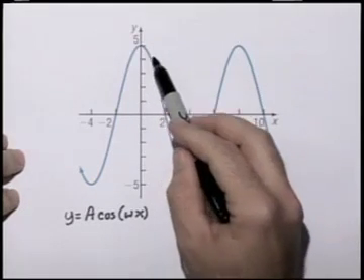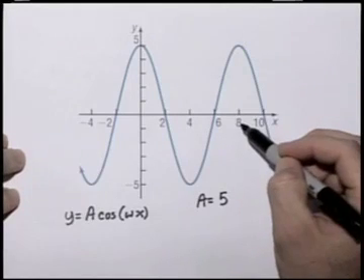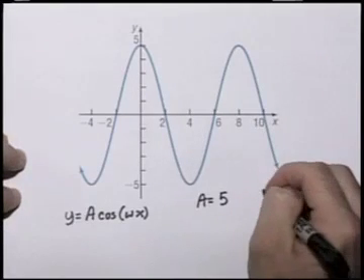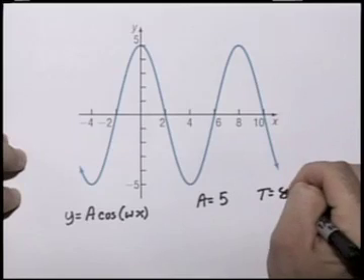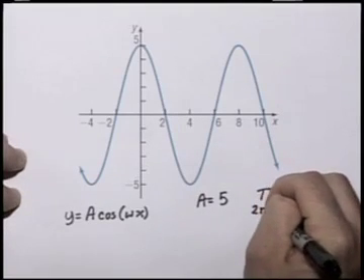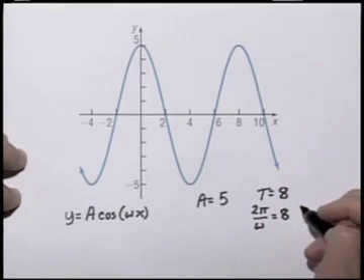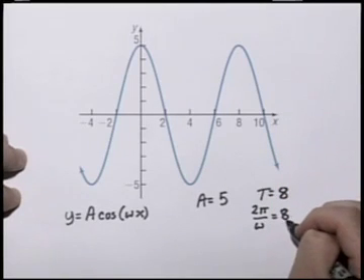Next, we notice that to complete one cycle of the graph requires 8 radians, and therefore the period of the function is 8. Knowing that the period by definition is 2 pi over omega, we have that 2 pi over omega equals 8.